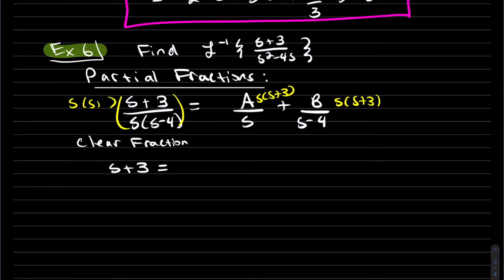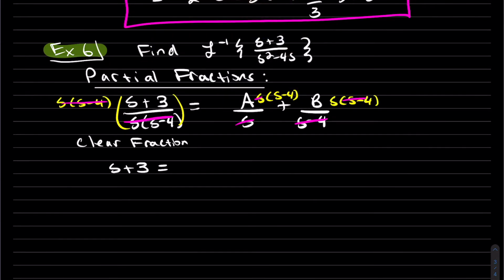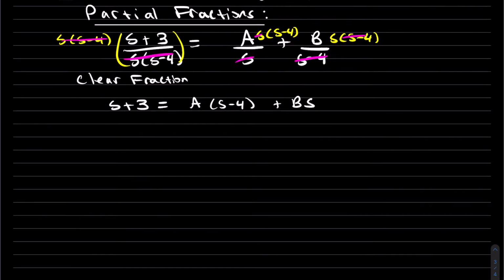And we get s plus 3 equals a times s minus 4 plus bs. So our first method is we want to equate coefficients.